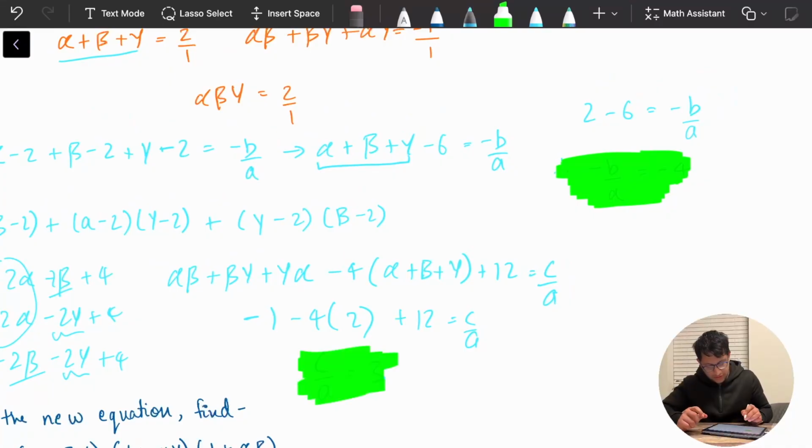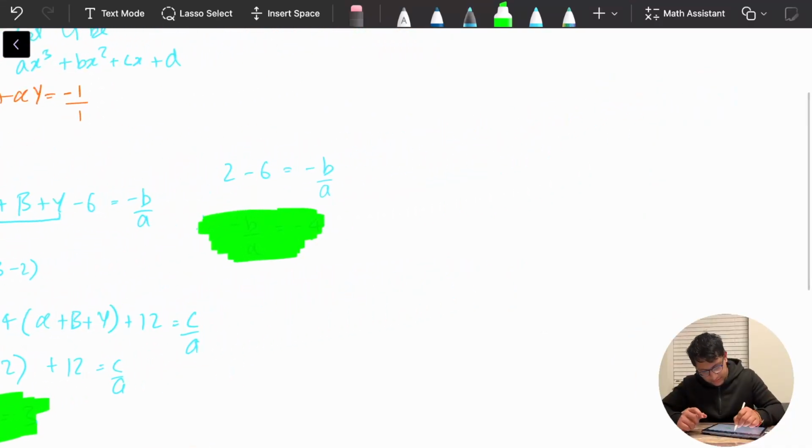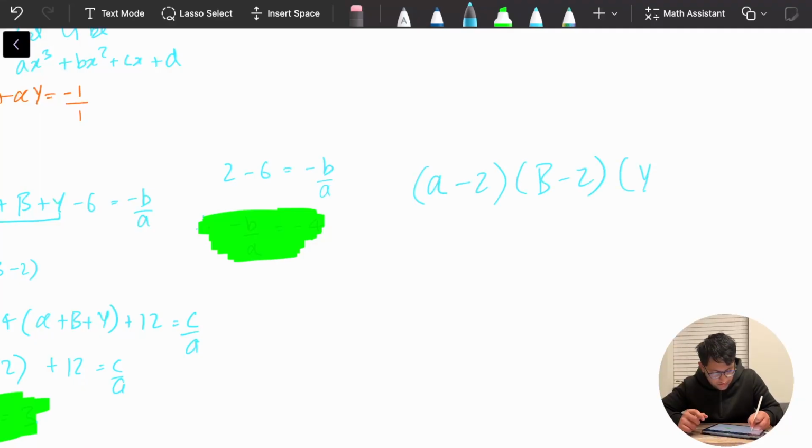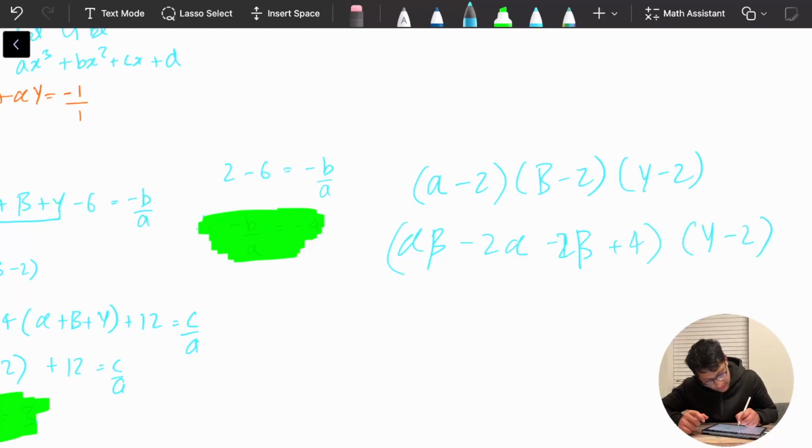And the last one, I'll just do it to the side quickly, is when you multiply all the roots. So you'll do alpha minus 2 times beta minus 2 times gamma minus 2. So it'll be alpha beta minus 2 alpha minus 2 beta plus 4, times gamma minus 2.